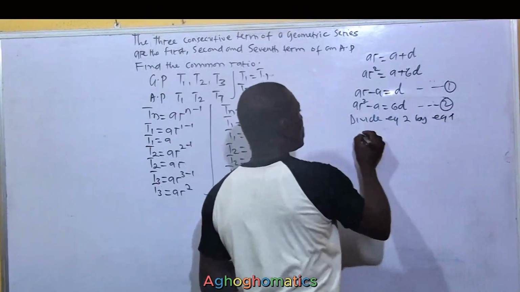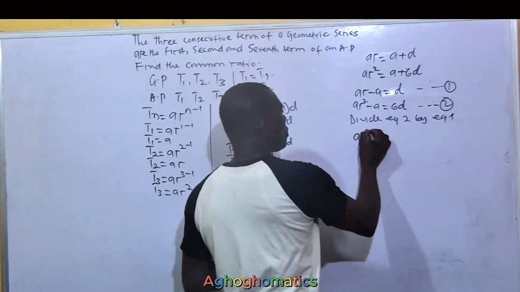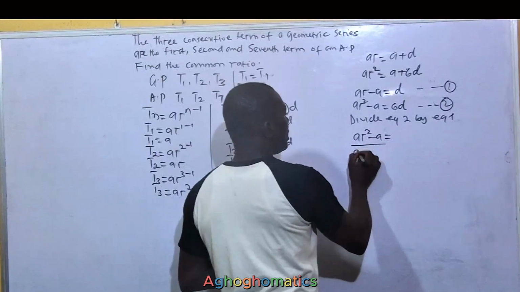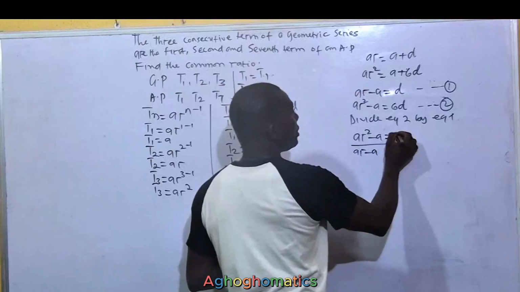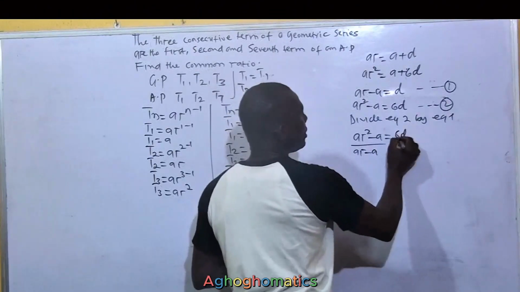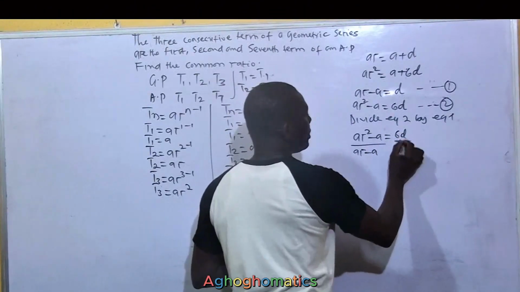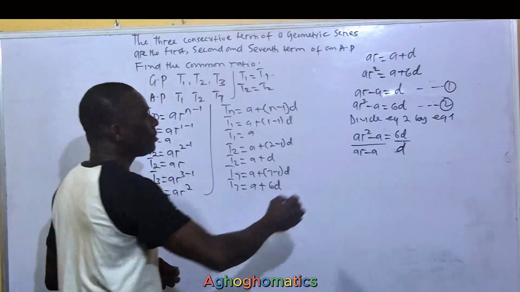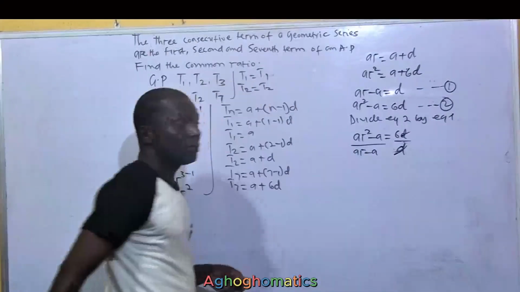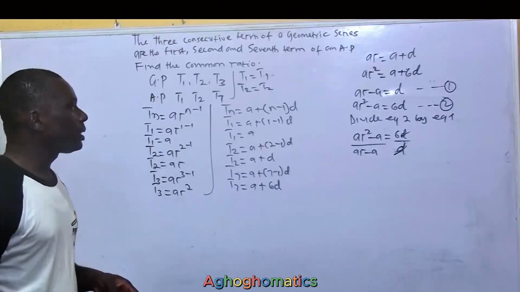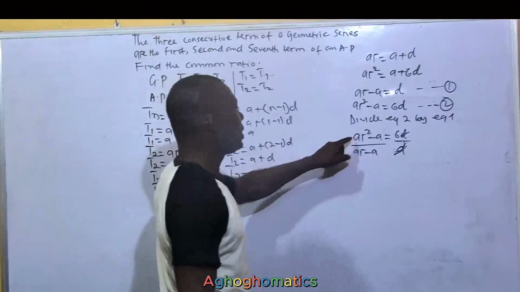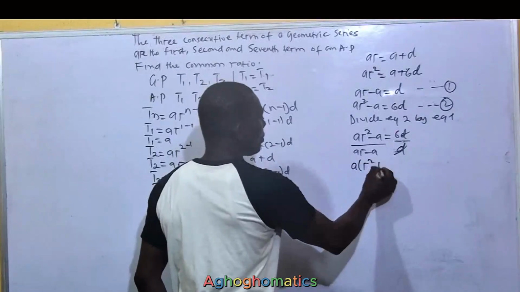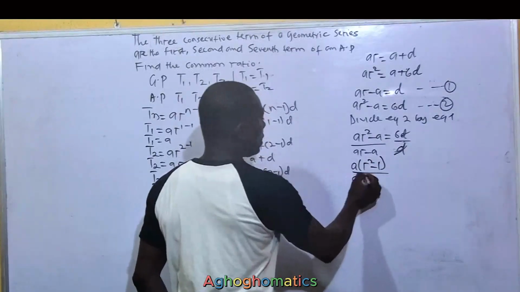So here we have a r squared minus a, divided by a r minus a, equals 6d divided by d. Okay, so if you look at here, you see that d cancels off. And here we have a common, so we bring out a first. A into this becomes r squared minus 1 over a.